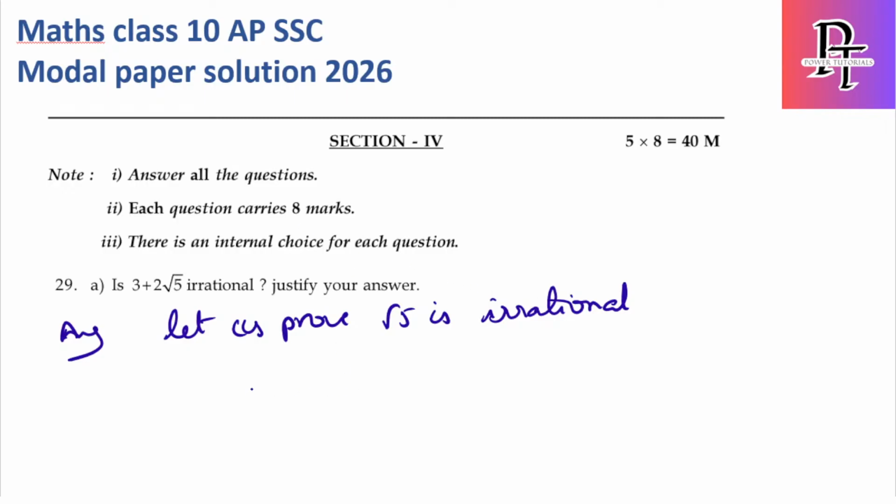Okay, so first we have to assume root 5 is rational, and then we'll contradict the statement.